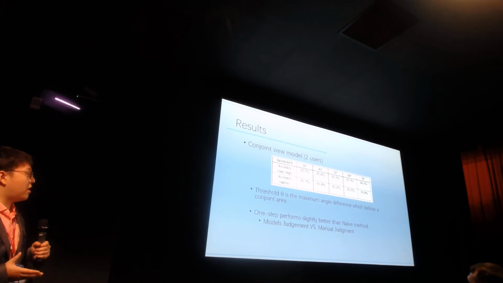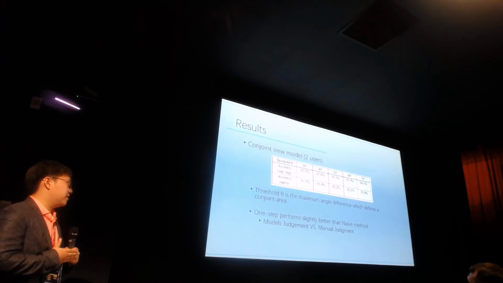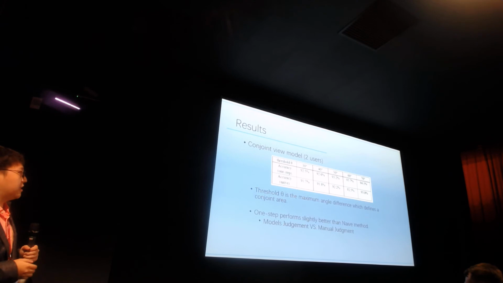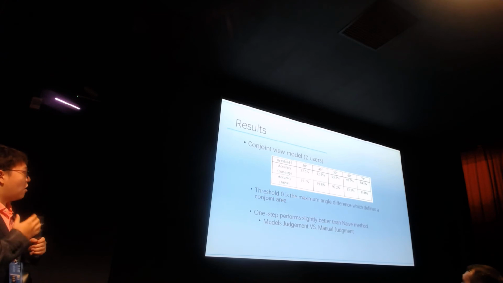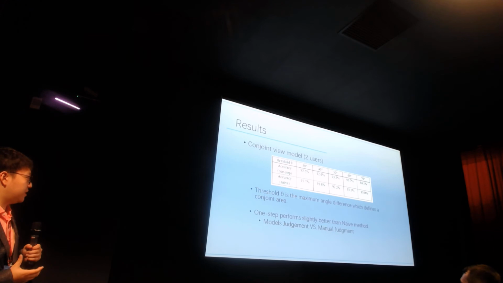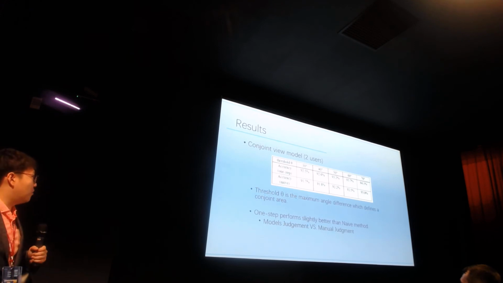And we call our model a one-step model because the model will directly judge if there is a conjoint viewport. In comparison, we did another method, which is called the naive method. It will first predict the head orientations of all the users, and then calculate the difference of the angle, and then do a manual judgment whether there is a conjoint viewport or not. And we can see that the one-step performs slightly better than the naive method.